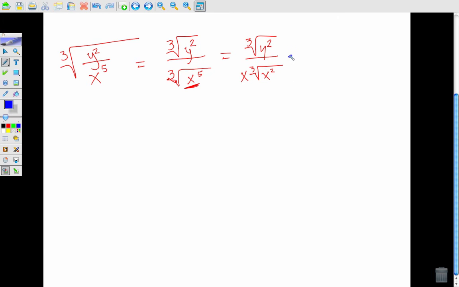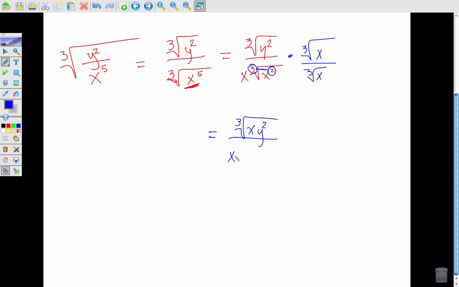So I have to multiply this by something, and it's going to be the cube root of something, to get them to cancel out. Remember, you want these 2 to match. So since I'm 1 short, I got to multiply this by x. And if I do it to the bottom, I also must do it to the top.